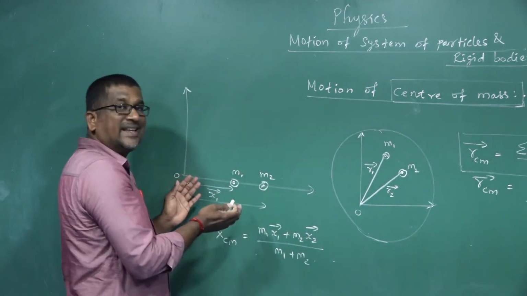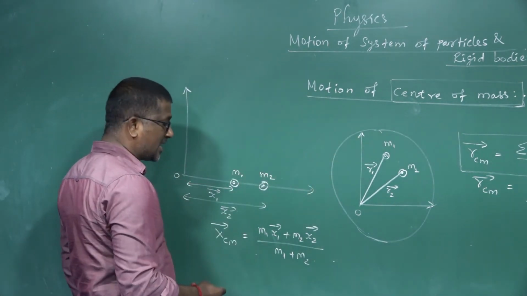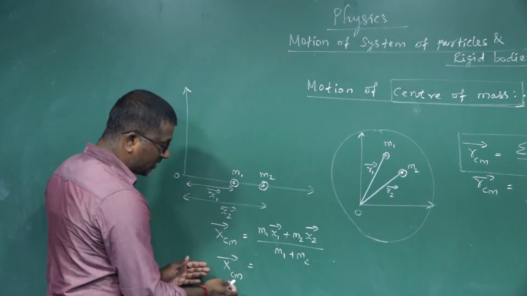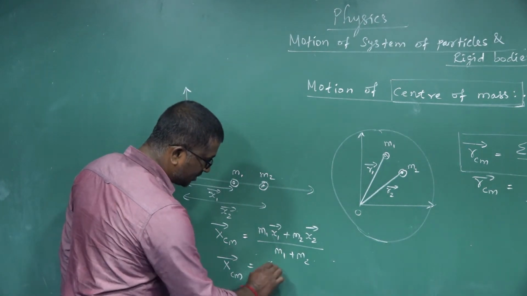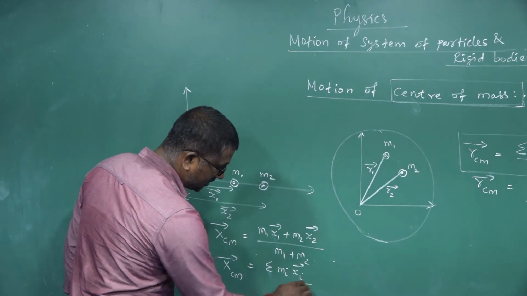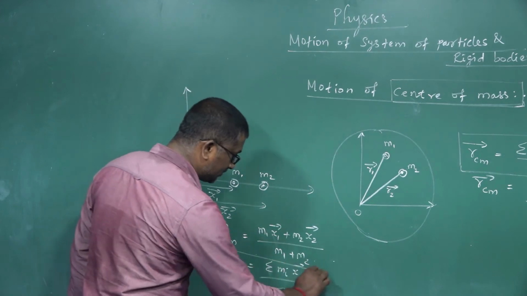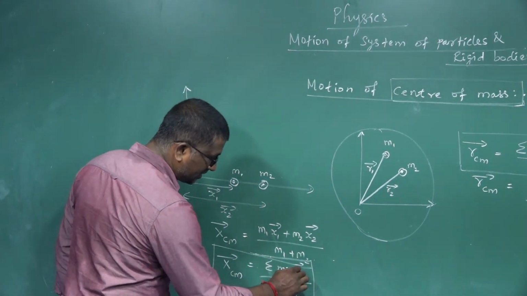Suppose the system contains n number of particles which are lying on the positive x-axis direction, then the equation for x coordinate of the center of mass is x cm vector is equal to summation mi xi vector divided by summation mi. So these things are already discussed in the previous classes, right?